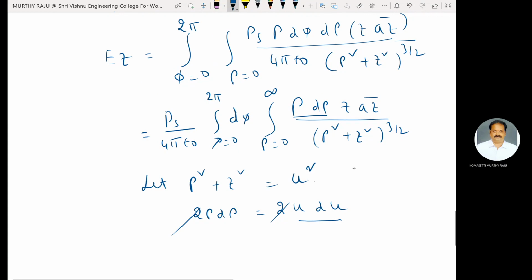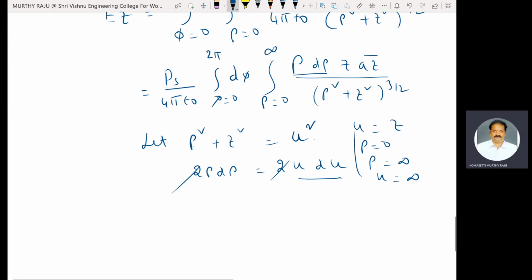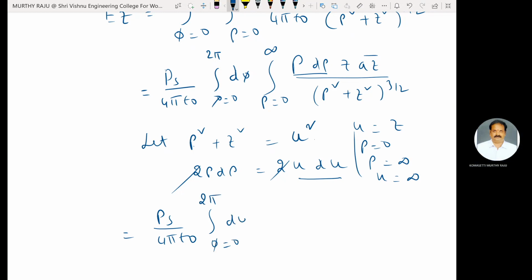Limits: when rho is equal to 0, u is equal to z. When rho is equal to infinity, u is equal to infinity. Therefore, that is equal to rho_s by 4 pi epsilon 0, integral phi from 0 to 2 pi d phi, with u from z to infinity.